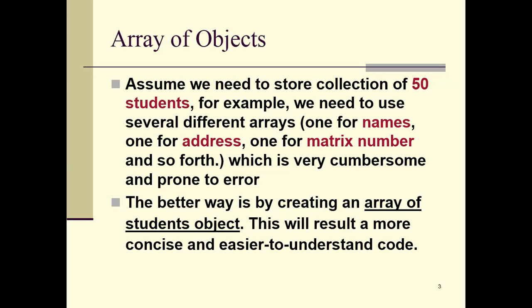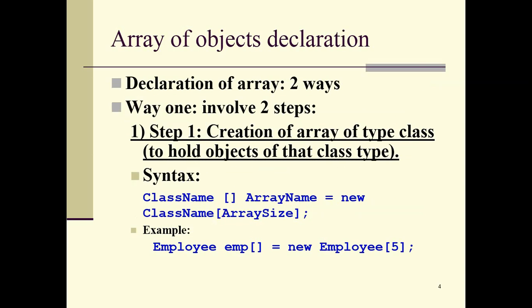But a better way to have this collection is using an array of student objects. As we know, objects can hold different types of data, so we put together the name, address, and metric number in one object. So this is how we are going to declare an array of objects.